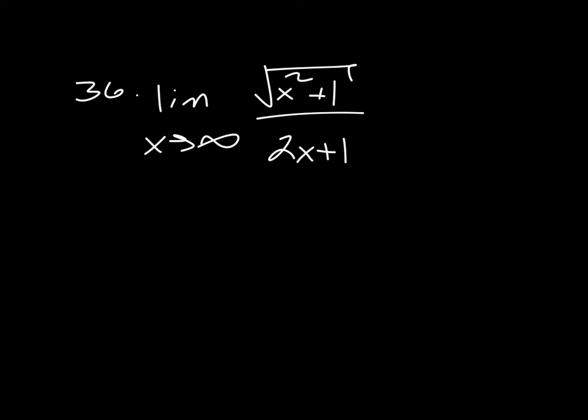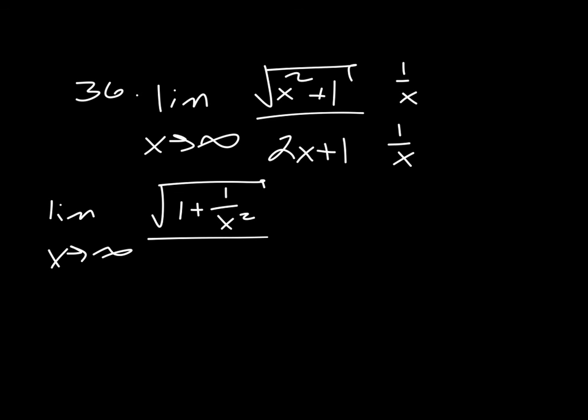And so now I'm going to, again, multiply by some version of 1. And in this case, it's just going to be 1 over x. But inside the square root, the square root of x squared is x. So really inside the square root, we're looking at this situation. Is that okay? So really, it's still 1, it's just inside a square root.